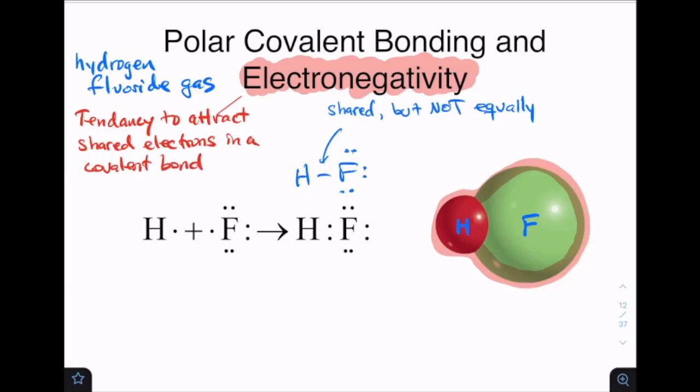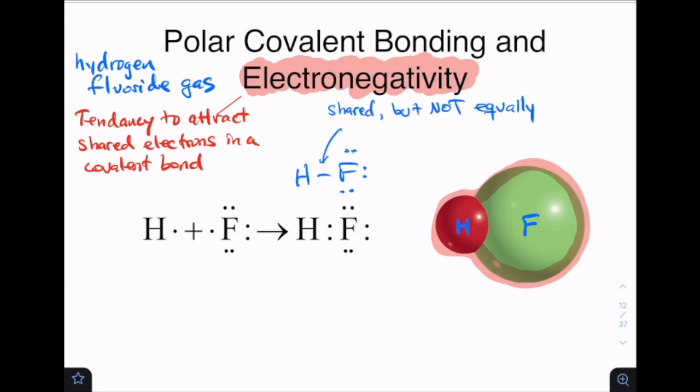If you remember, I talked briefly about electron affinity, the desire for an atom to attract electrons and how that went hand in hand with ionization energy. It's there in the lecture. You can go back and review it if you need to. It's the same idea. Electronegativity is very similar to electron affinity, the desire to gain electrons to form ions.